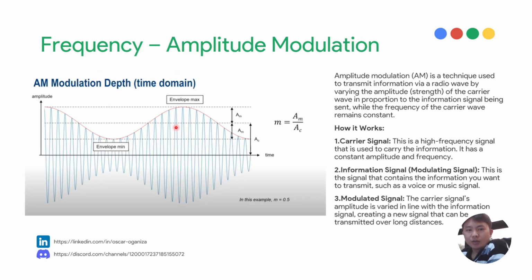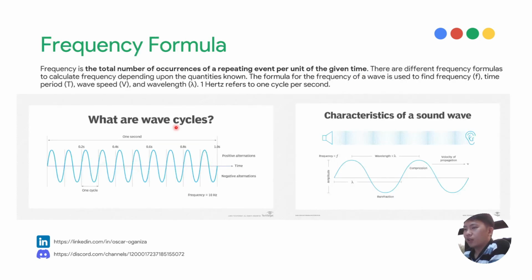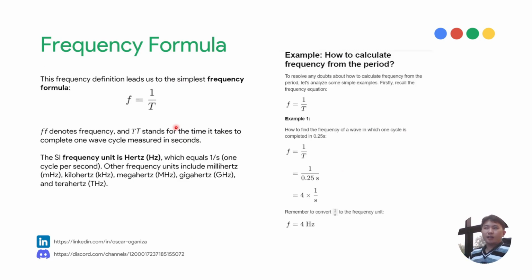Then the AM modulation using the carrier signal, the information signal or voice signal, the modulated signal, and the common waveforms: sine wave, square wave, triangle wave, and noise, the characteristics of cycles, and the formula for frequency. Frequency is equal to 1 over T, where T is the period of time. And the unit for frequency is hertz, 1 cycle over second.